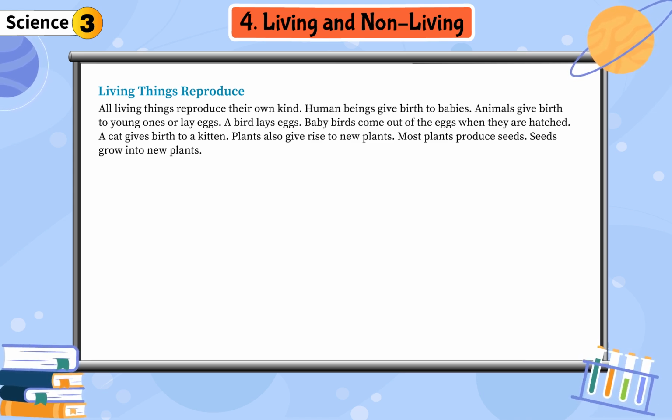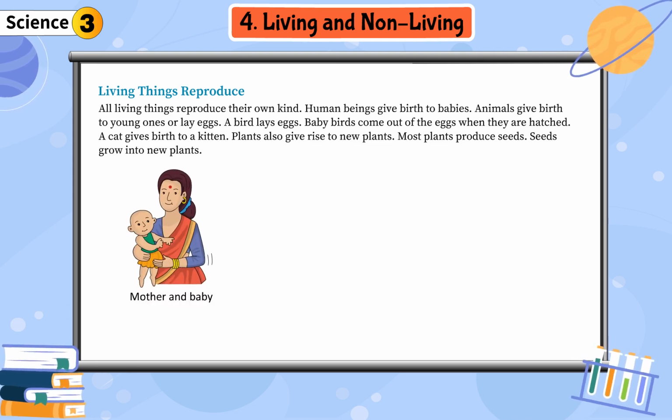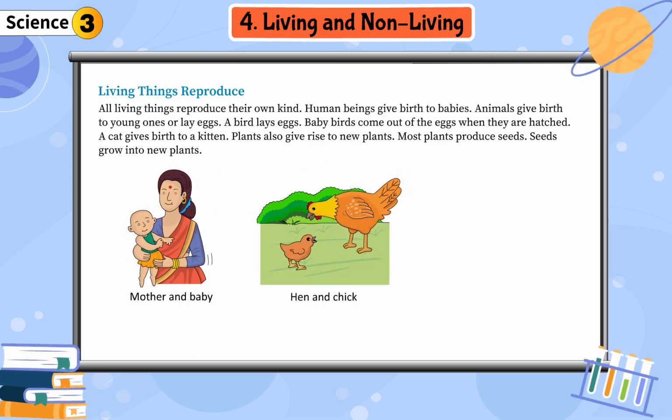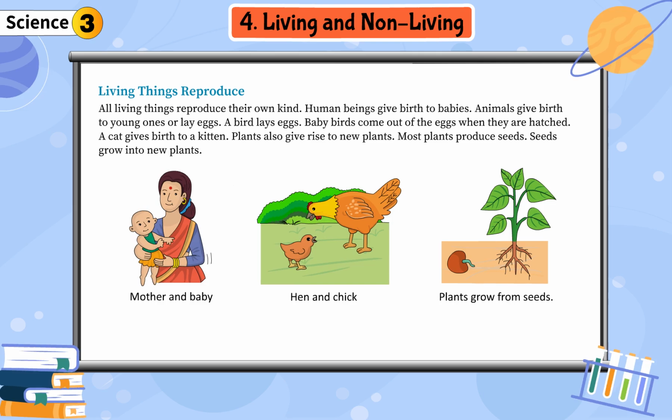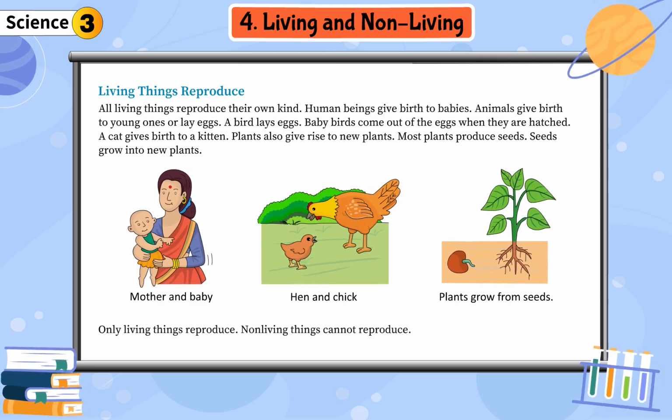Plants also give rise to new plants. Most plants produce seeds. Seeds grow into new plants. Mother and baby. Hen and chick. Plants grow from seeds. Only living things reproduce. Non-living things cannot reproduce.